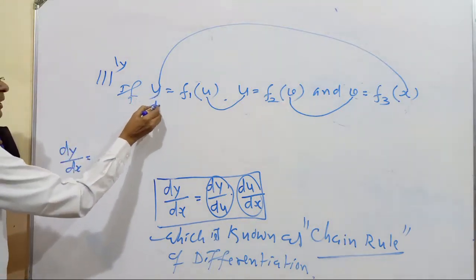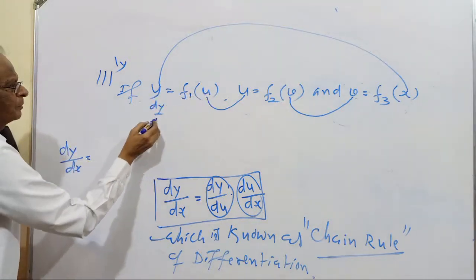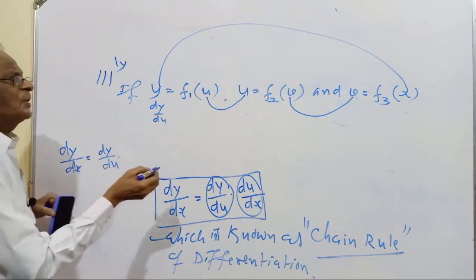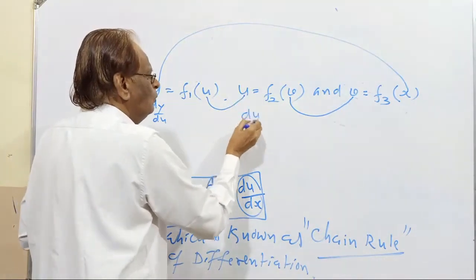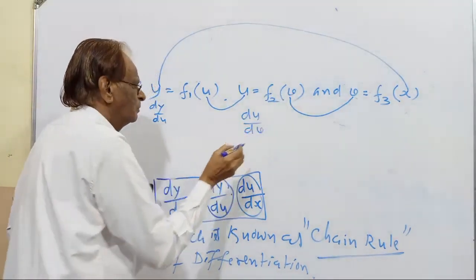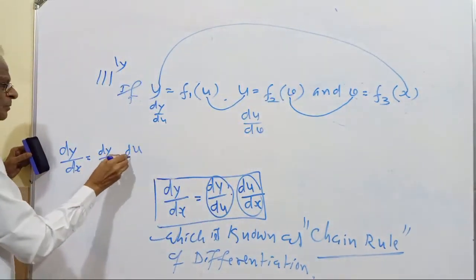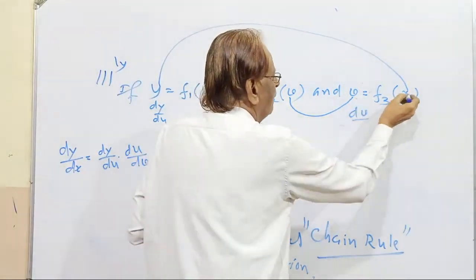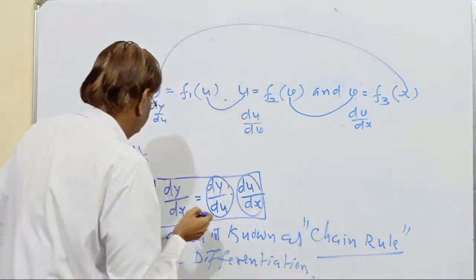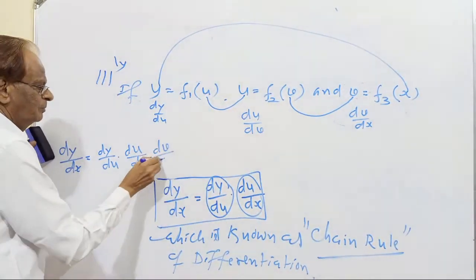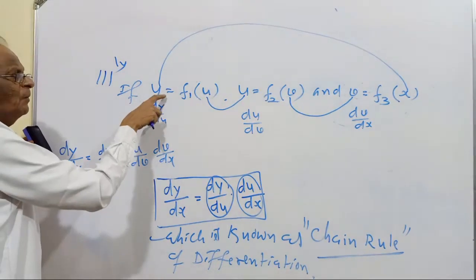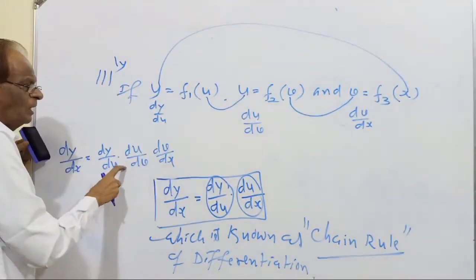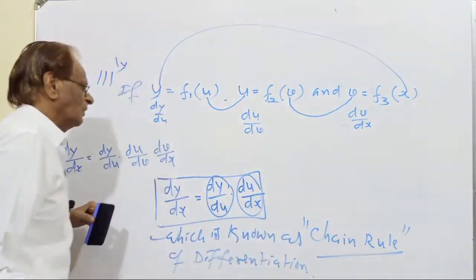From the first find dy by du. From the second find du by dv. From the third find dv by dx.